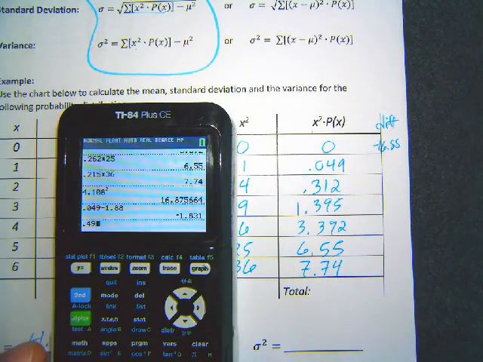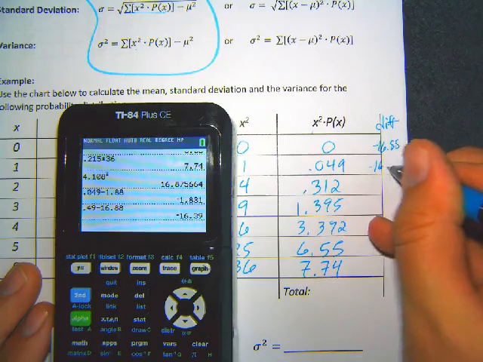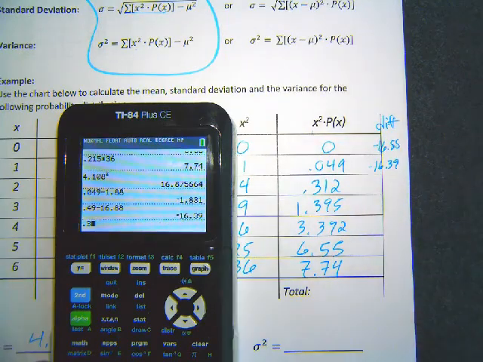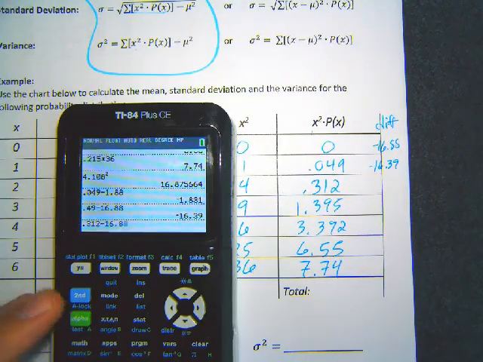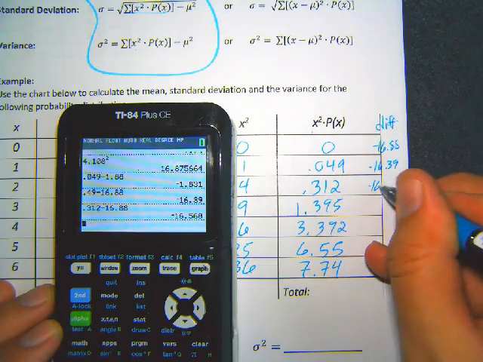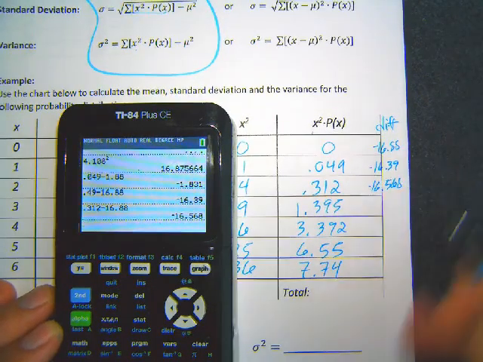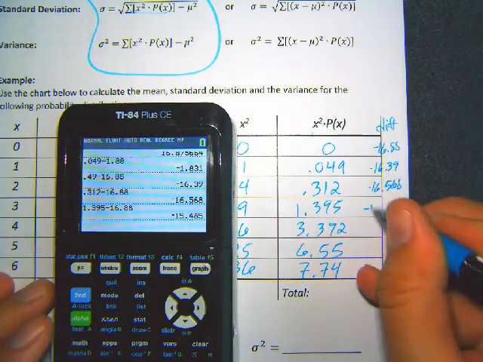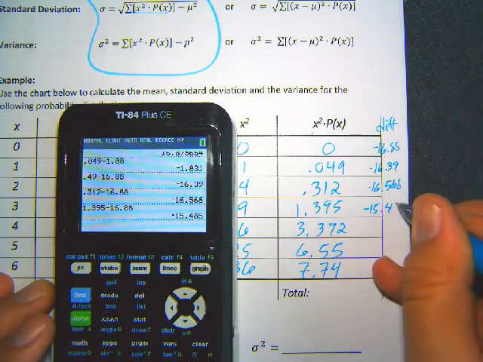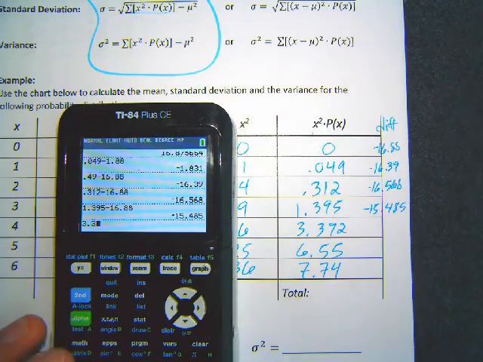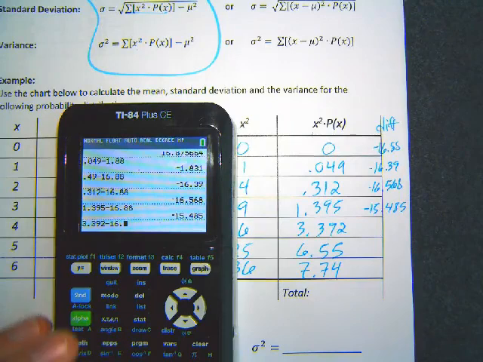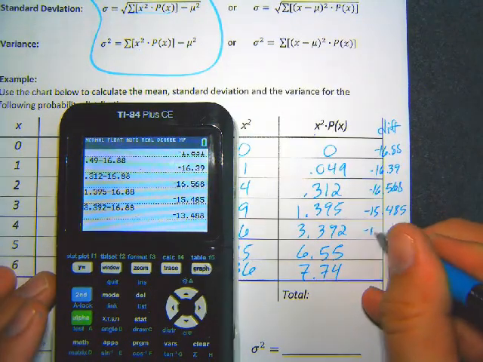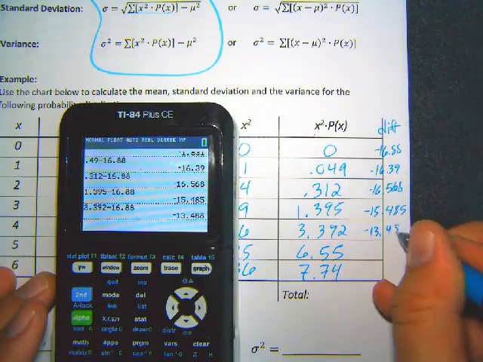0.049 minus 16.88 gives me negative 16.39. 0.312 minus 16.88 gives me negative 16.568. 1.395 minus 16.88 gives me negative 15.485. 3.392 minus 16.88 gets negative 13.488.